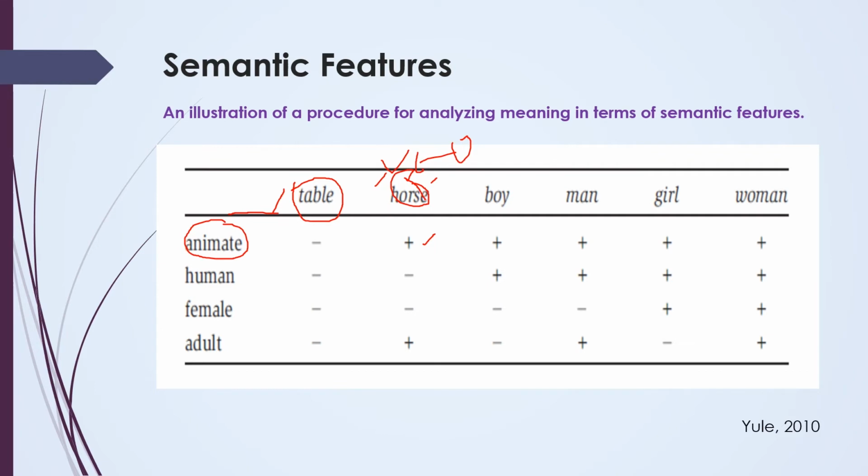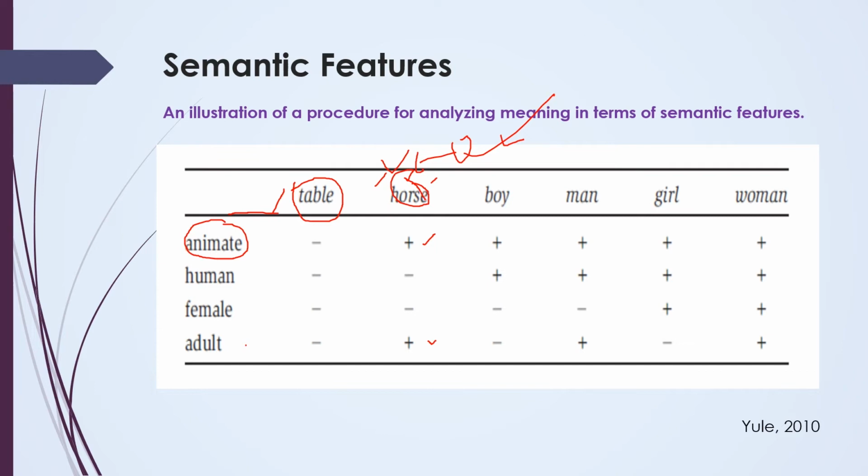So this particular word doesn't have the female feature. In the real object it has the female version, and we call it mare, but not in this word. And yes, whenever we are referring to horse, we can refer to it as an adult one, so that's why it is a plus. If it has the feature, we refer to it as plus, and if it doesn't have the feature, we refer to it as minus.